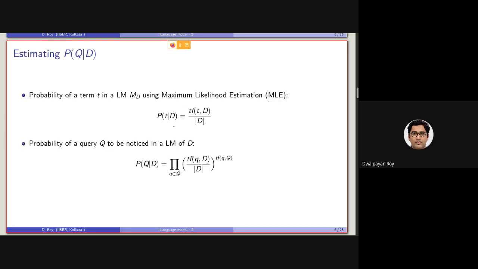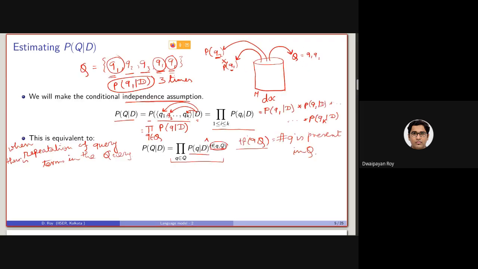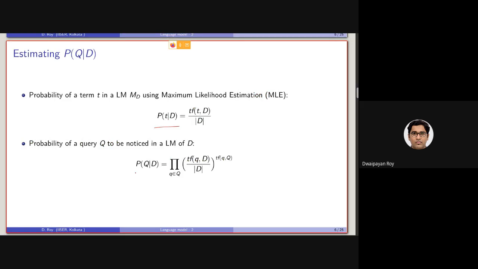So putting this together with this, what we end up with is: the probability of Q given D is equal to the product, for all query terms in Q, note that these are unique query terms, of the term frequency of the query term in D divided by the document length, which is the maximum likelihood estimate of the query term Q in the document D, which is again the probability of Q given D. So this is approximated using MLE, and MLE is defined as this.